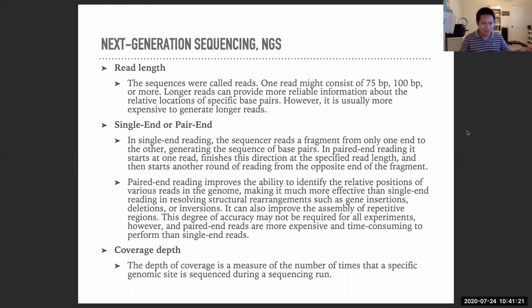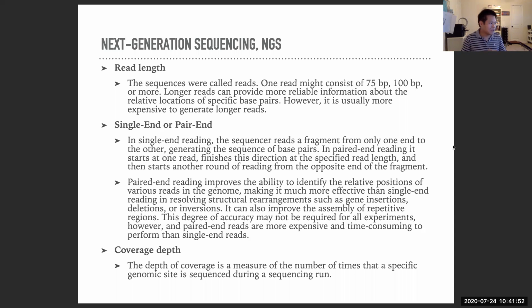The distance is supposed to be about 6,000 base pair. So it's one way to help you align the reads correctly to the reference genome. If the distance is not 6,000, let's say it's 200, whatever, that means something happened in the reference genome. It could be a fragment being deleted in the reference genome. So a lot of information can be extracted from paired end reads. That's why it's really popular.